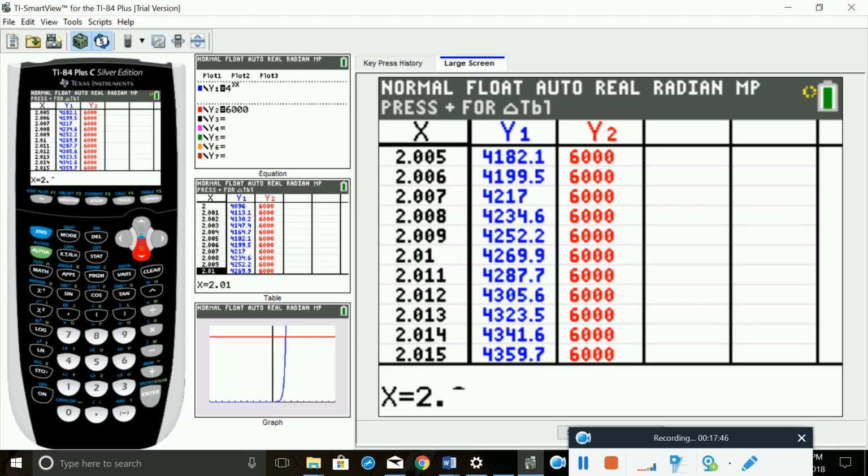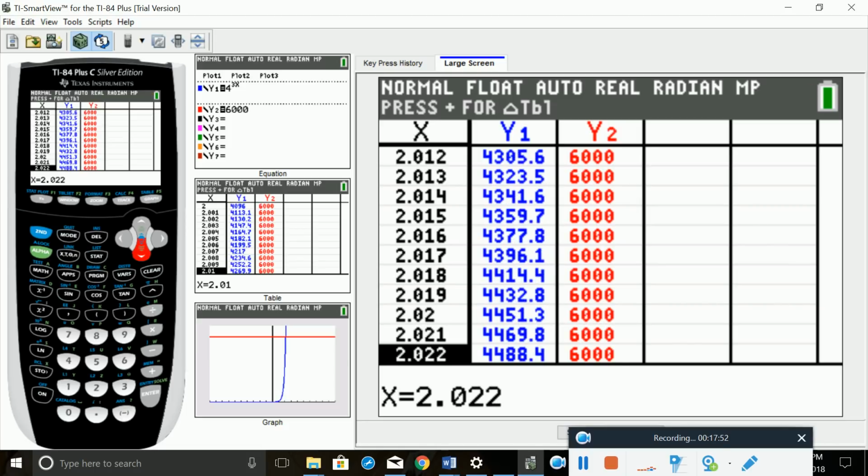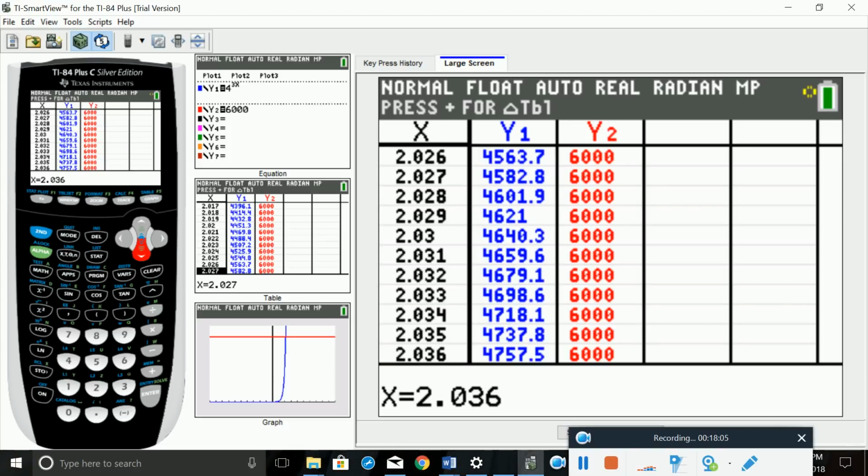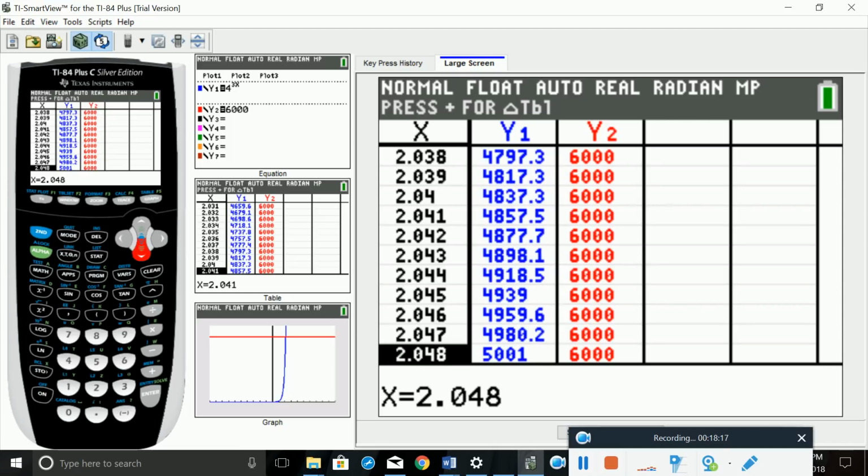So you're going to have to scroll way down to get to it. And I'm still scrolling. So usually most people like the graphing method better, but your textbook asks you to do it both ways just so you get the feel of both methods.